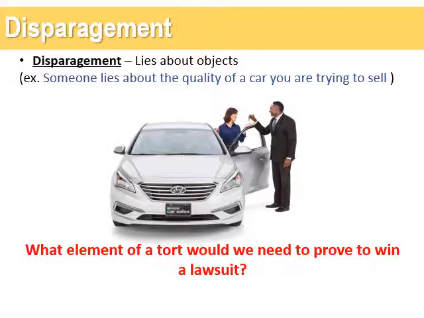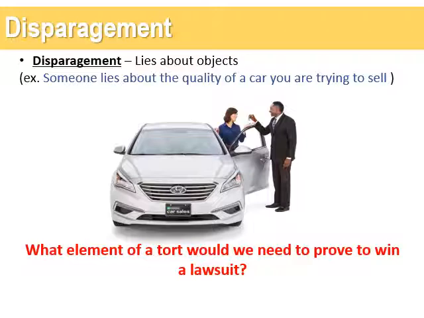Now our last tort is disparagement. Disparagement is when we lie about an object. A very clear example is somebody lies about the quality of a car you are trying to sell. If I'm trying to sell a car and somebody comes along and says that the car is a really bad car, but in fact it's a decent car, and that prevents me from selling the car, that person may have committed disparagement against me. They lied about the car that I'm trying to sell.